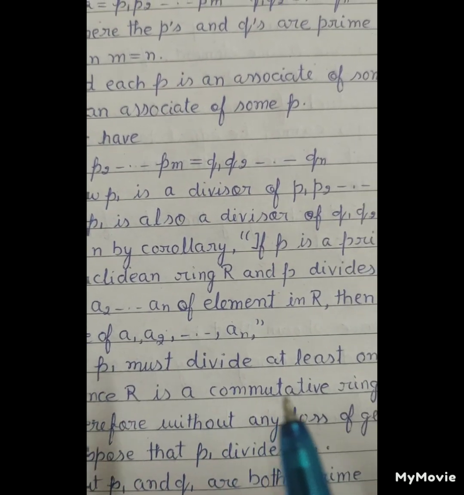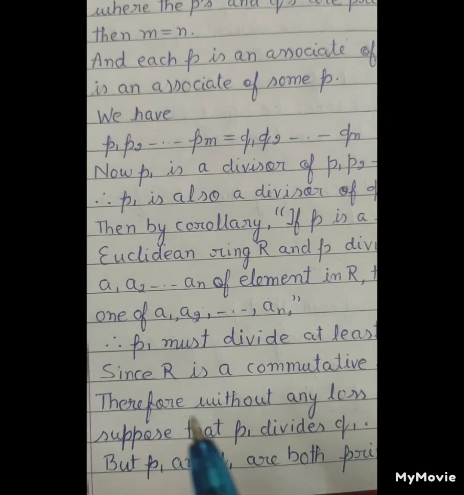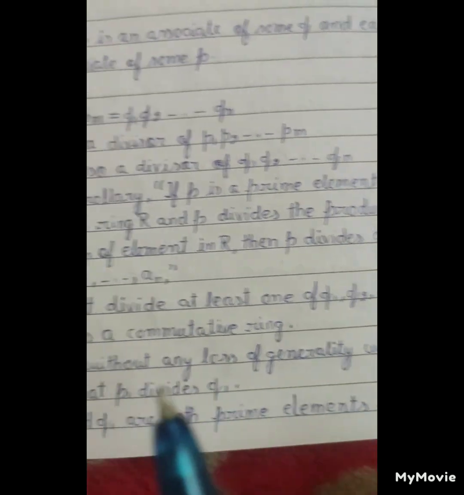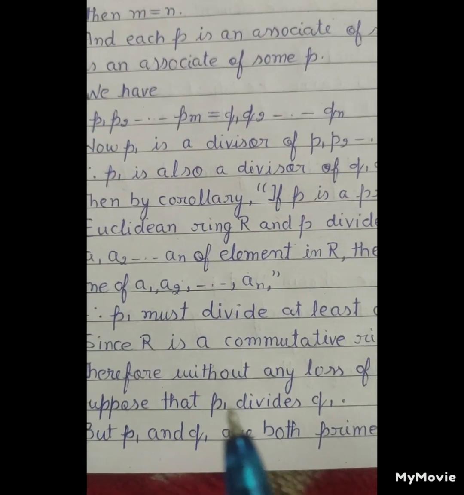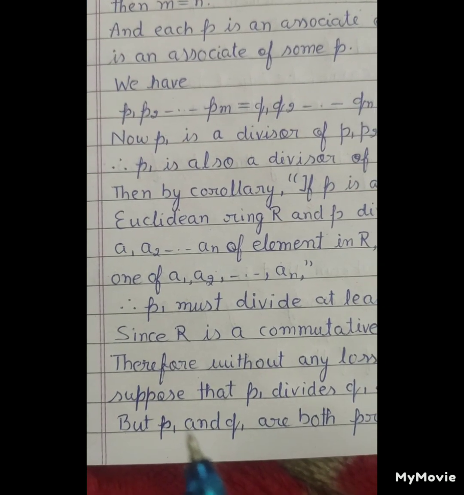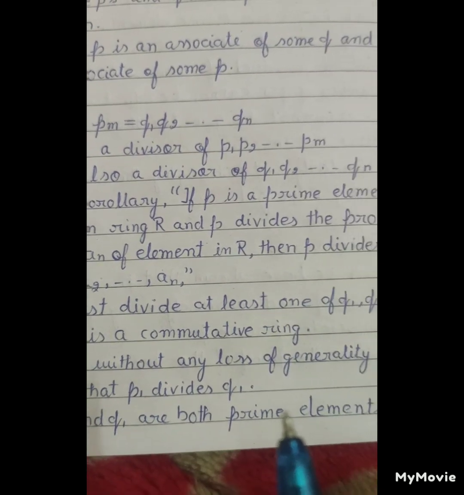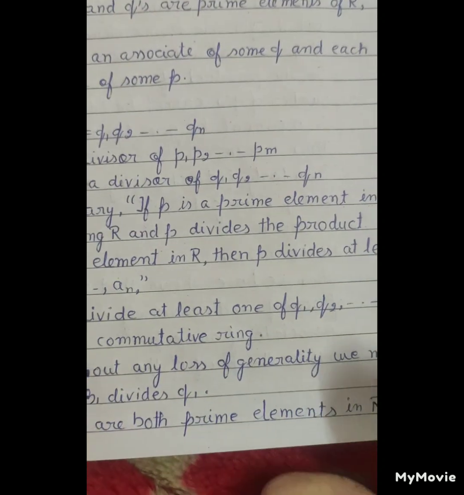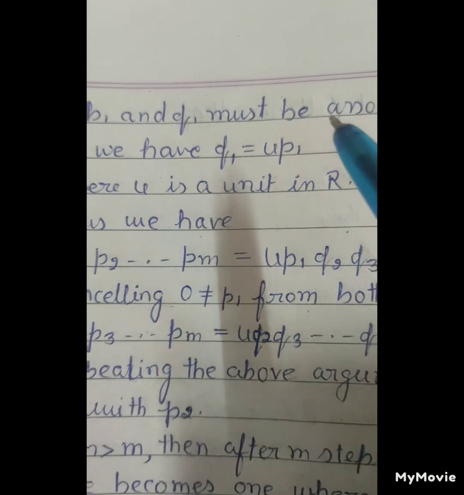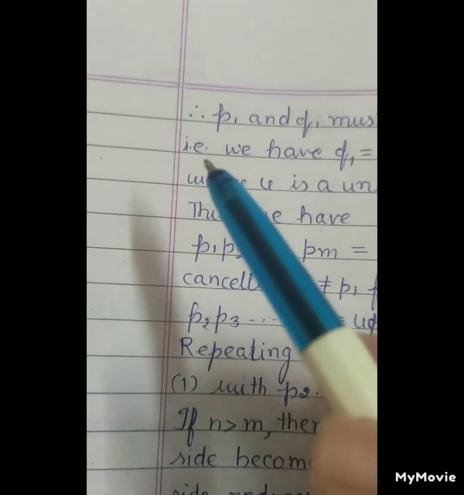Since R is a commutative ring, without any loss of generality, we may suppose that p1 divides q1. But p1 and q1 are both prime elements in R, so p1 and q1 must be associates.